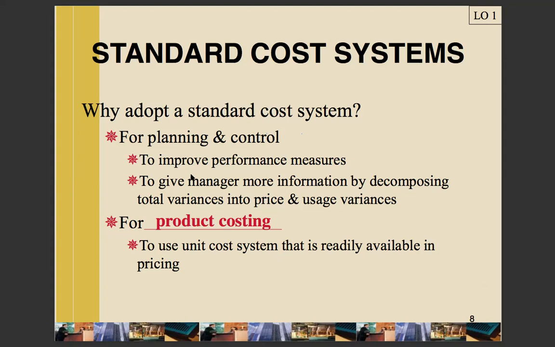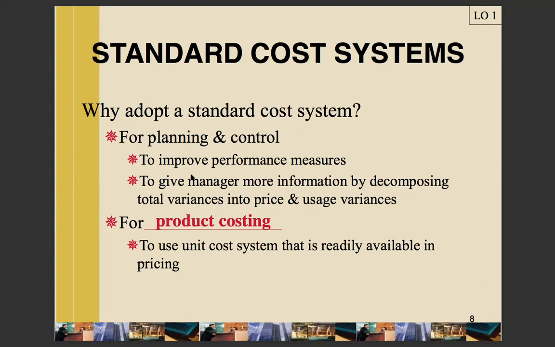So for example, if the variance is unfavorable, the manager can tell whether it is attributable to any discrepancy between planned price and actual price, or probably related to the planned usage and the actual usage, right?